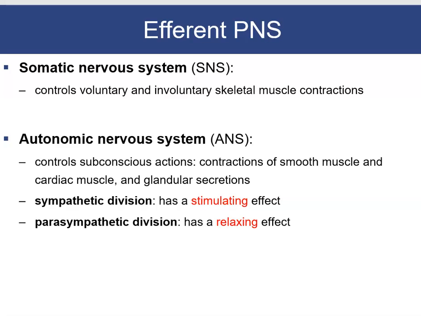The sympathetic division has a stimulating effect on the body, whereas the parasympathetic division has a relaxing effect. So the autonomic nervous system is further subdivided into the sympathetic and parasympathetic. Sympathetic revs you up, gets you going, and the parasympathetic calms you down.